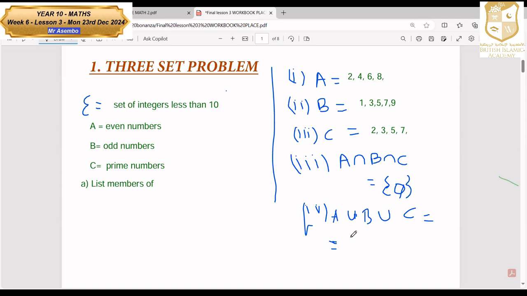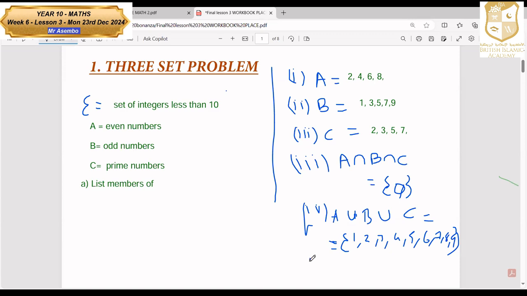So A union B union C means we pick all which are in A, in B, and in C, but we arrange them in order. It will be 1, 2, 3, 4, 5, 6, 7, 8, and 9. That is the union of those three sets.